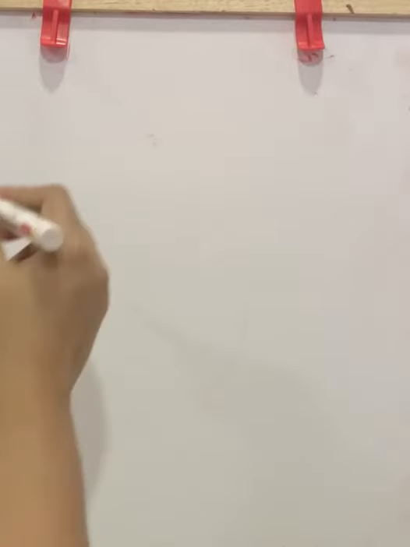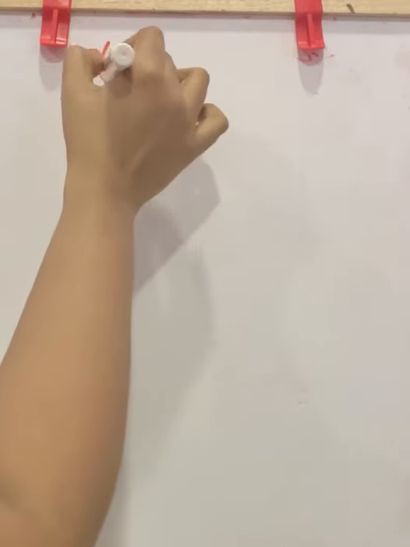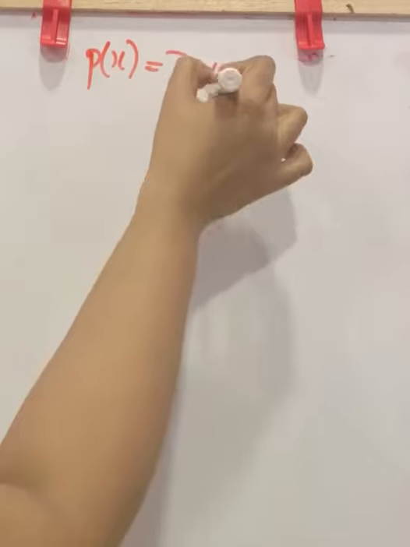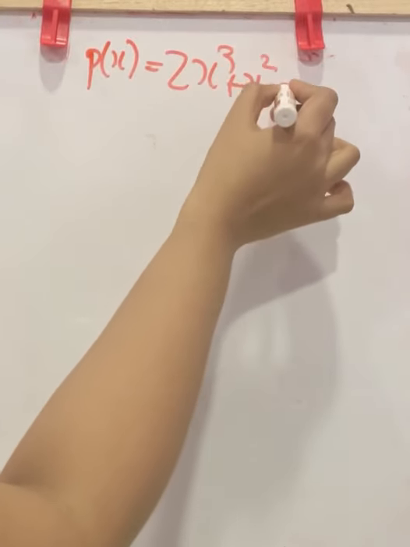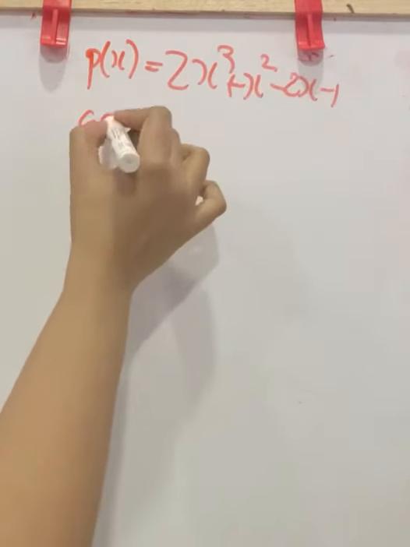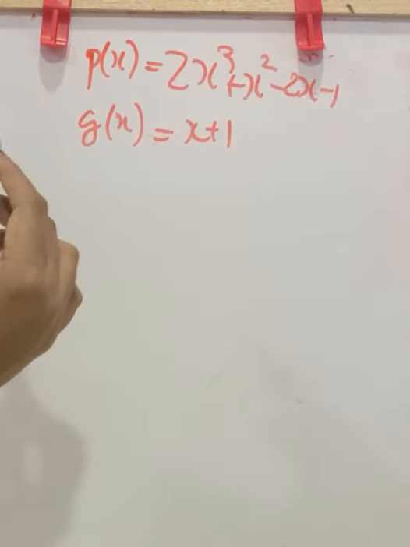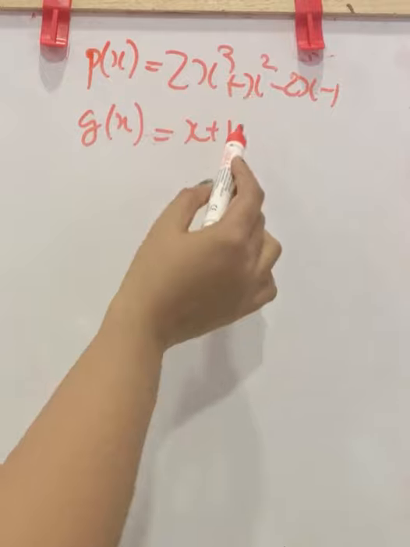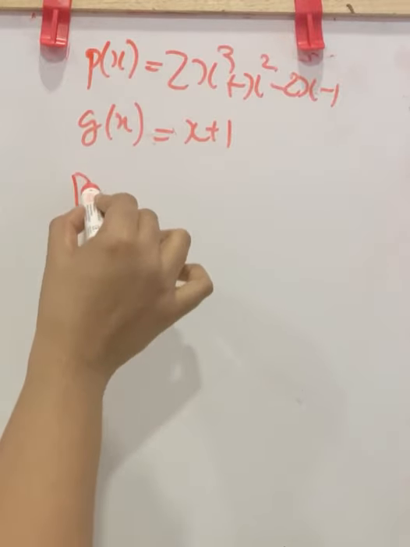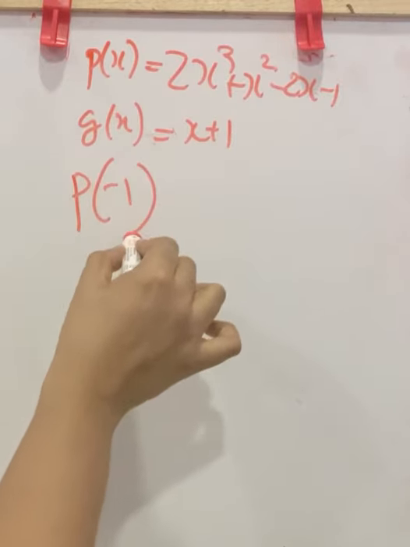Use the factor theorem to determine whether g of x is a factor of p of x in each case. P of x is 2x cube plus x square minus 2x minus 1 and g of x is x plus 1. So using the factor theorem, the given divisor is x plus 1, so we have to find p of minus 1 equal to 0.